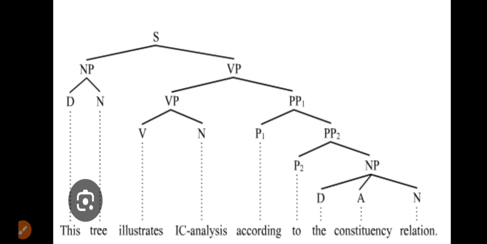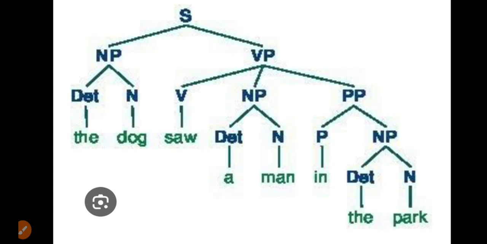So it's a very simple and very good example, right? Now: the dog saw a man in the park. So that's the dog. Now saw a man in the park, that is the predicate. Now saw naturally, from saw to park, is the verb phrase, right?